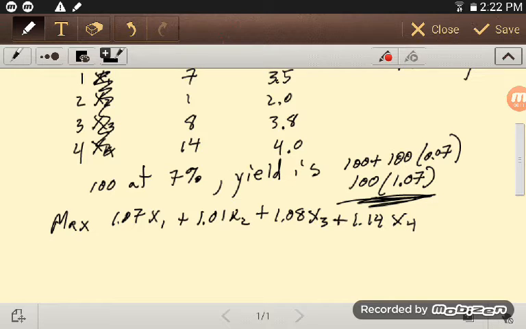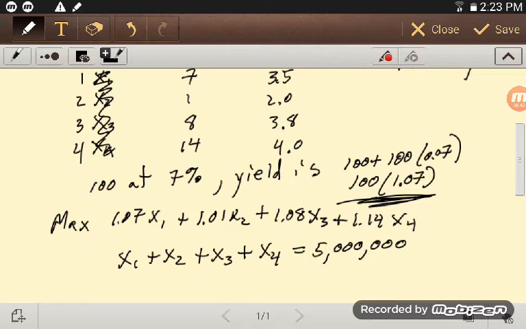Okay, now risk is a little bit different. But before I get to risk, let's also say we can actually make sure we use the whole $5 million by saying that x1 plus x2 plus x3 plus x4 is equal to 5 million.